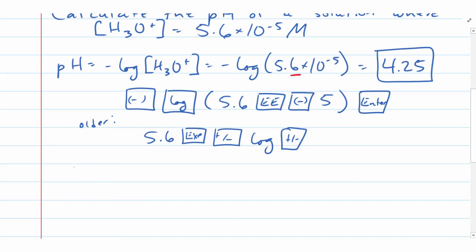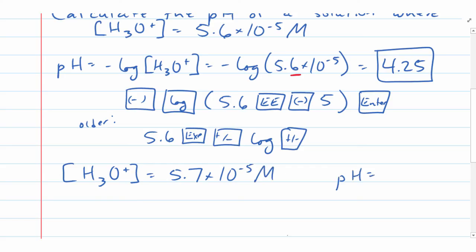So then what we're going to do is change that digit. Let's say we want to find the pH of a solution that has a hydronium ion concentration. I'm going to change it to 5.7 times 10 to the negative 5th molar. So we go back and we change that. And we see the way that this changes now is the answer is 4.24.